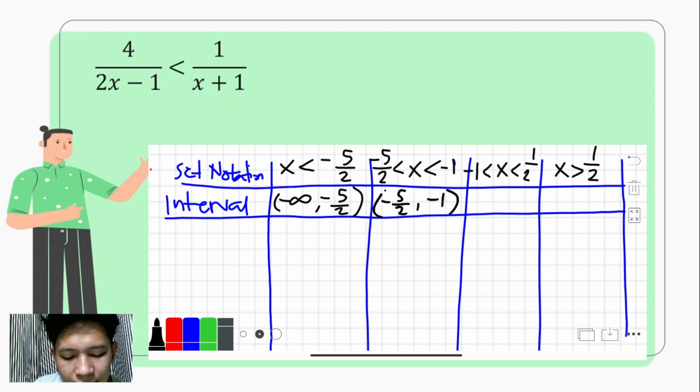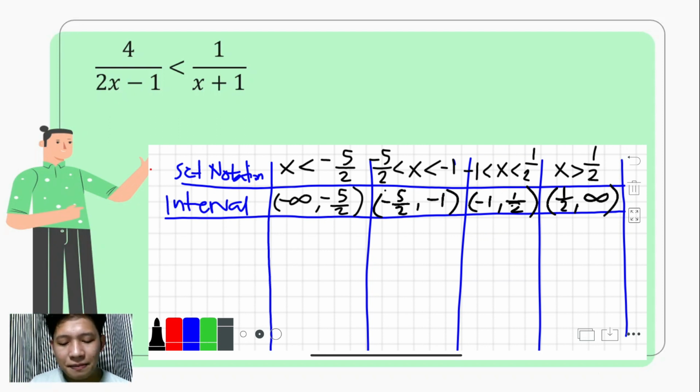Okay? Next is x is greater than negative 1. So, mula kay negative 1 parenthesis, then papunta kay x is less than 1/2. So, papunta kay 1/2. And that would be this one. From parenthesis negative 1 to 1/2 parenthesis. And lastly, we have x is greater than 1/2. That would be what? That would be from 1/2, that's parenthesis, to positive infinity.